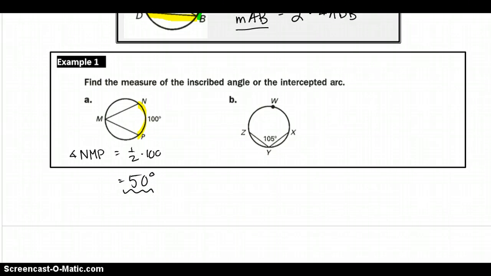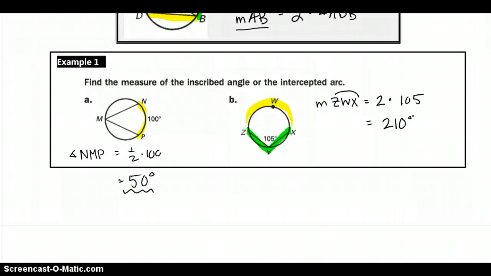In part B, if we know that the measure of this inscribed angle here is 105, if we're trying to find the intercepted arc, we have to say that the intercepted arc, so that is the arc Z going through W and ending at X, is equal to 2 times that angle, 105. So the measure of the arc is 210 degrees. So to find the inscribed angle, you halve the arc. To find the arc, you double the angle.